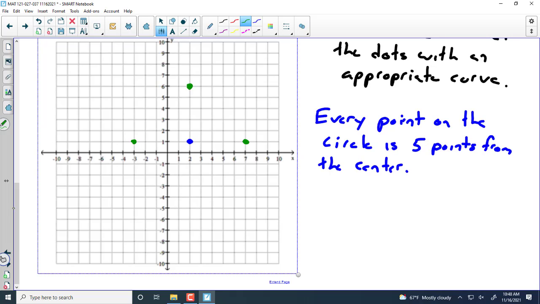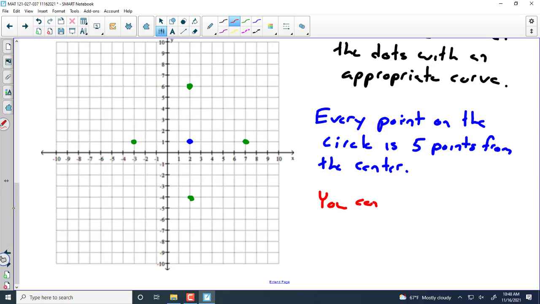1, 2, 3, 4, 5. And remember, everyone, what you're doing is you're counting away from the center. And do not worry if you cross over one of the axes. You can cross the x or y axis.